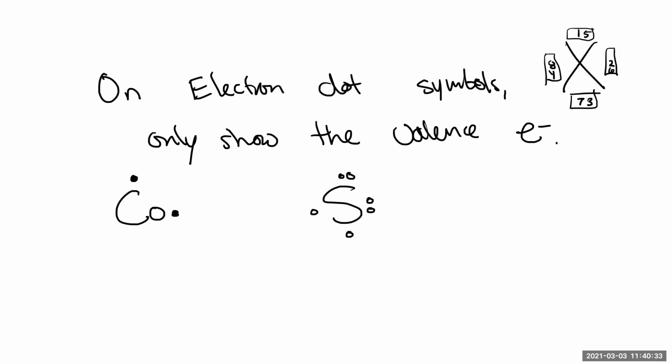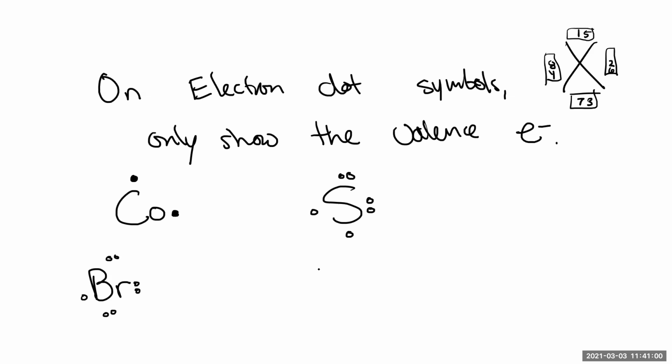Let's look at a couple of other examples for these, and then we will end this topic here. Looking at the periodic table, for example, bromine. If you find bromine, it's in the halogen family. Bromine has 7 electrons. So we go 1, 2, 3, 4, 5, 6, 7.